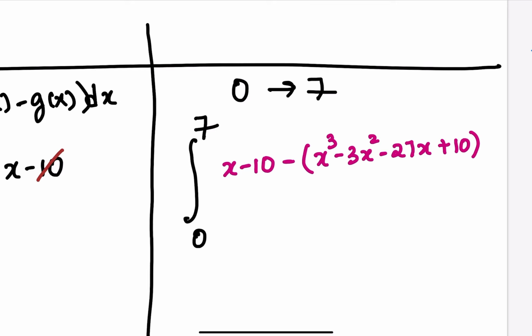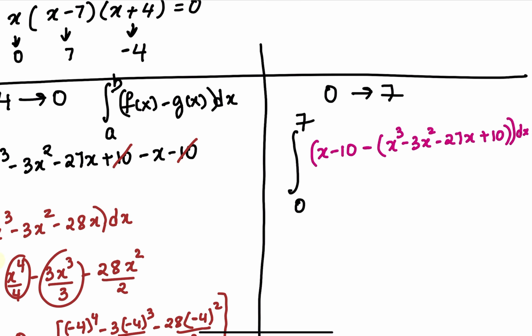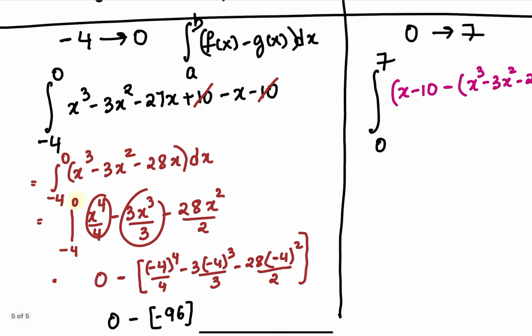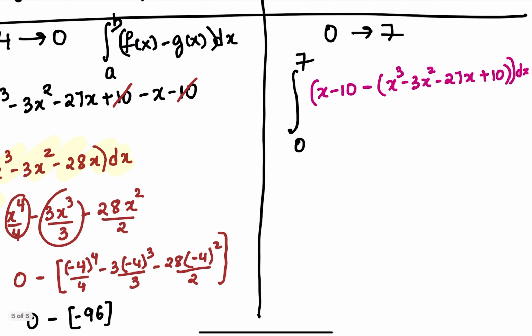If you know the answer is going to be negative, instead of getting a positive answer, you can just make it a negative. What I mean is you can just use the same function on this side and change it to a negative. That's absolutely fine as well.